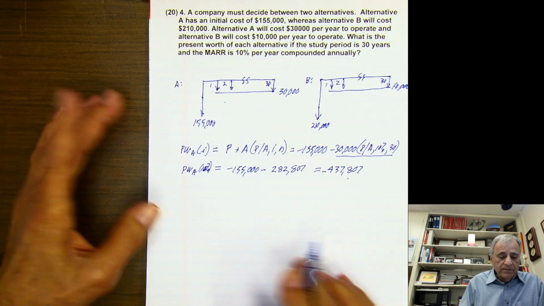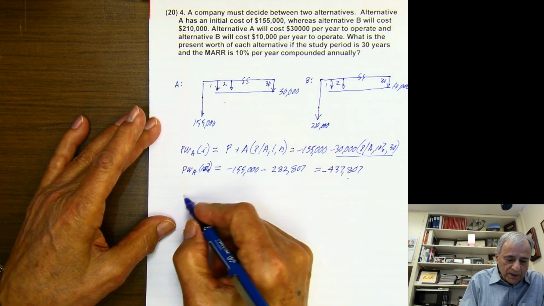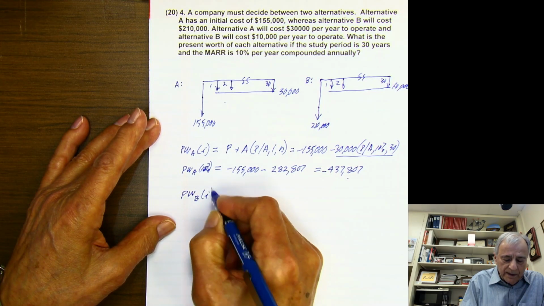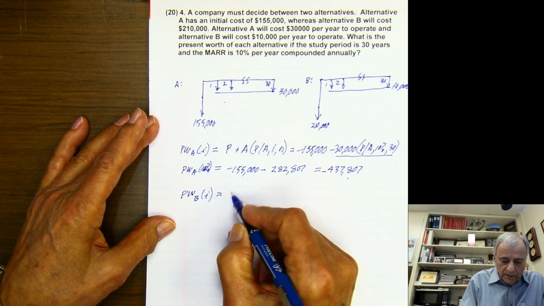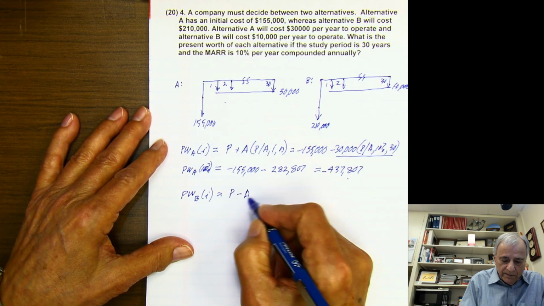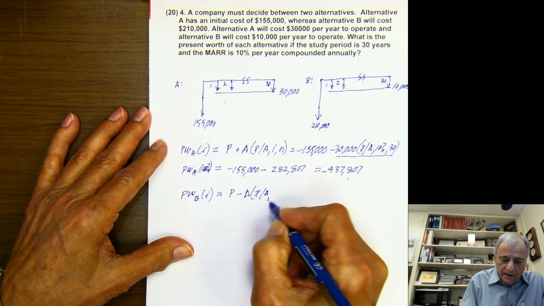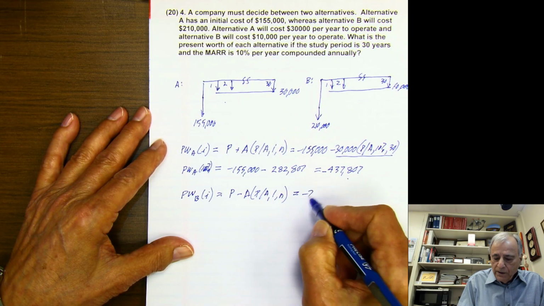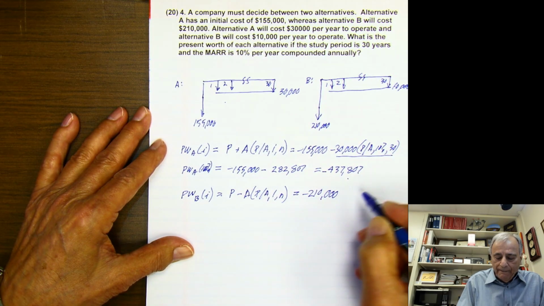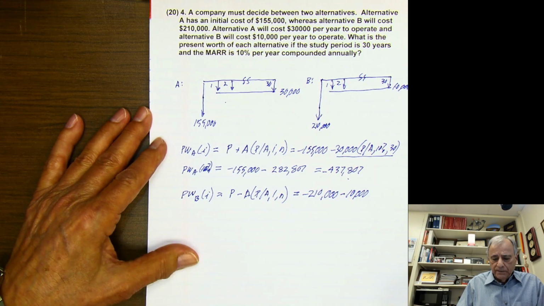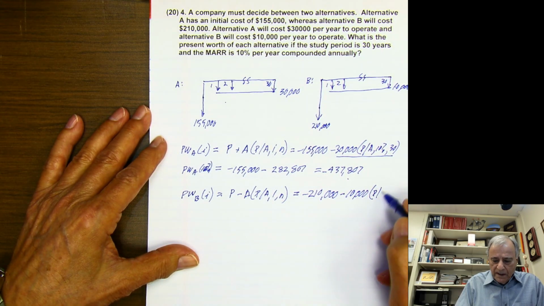Now we want to do the same thing for B. The present worth of B at rate I equals the initial cost, P again, minus A, P given A, I, N. The initial cost is 210,000. The uniform annual series is 10,000 a year, and P given A 10% for 30 years again.